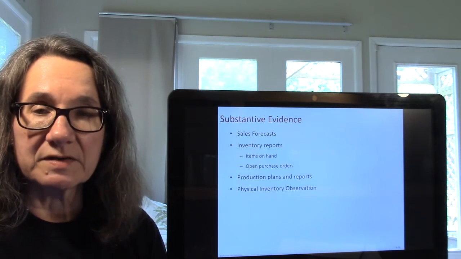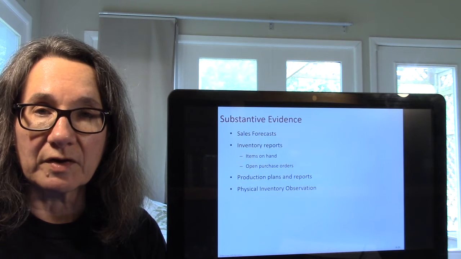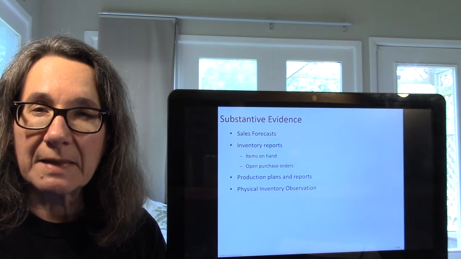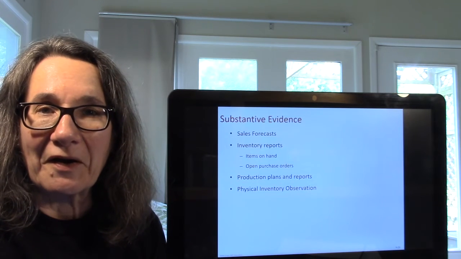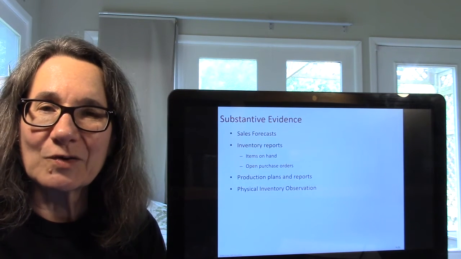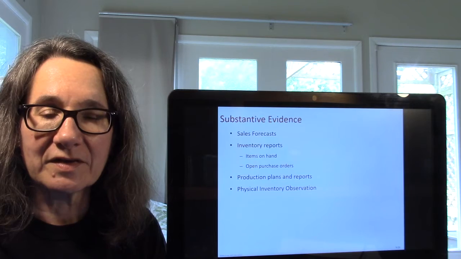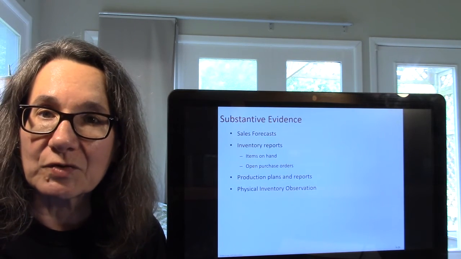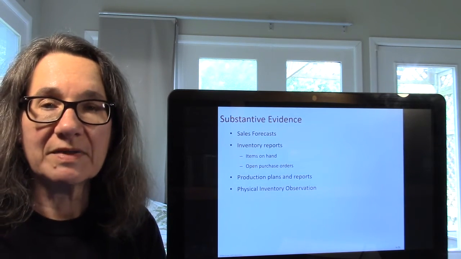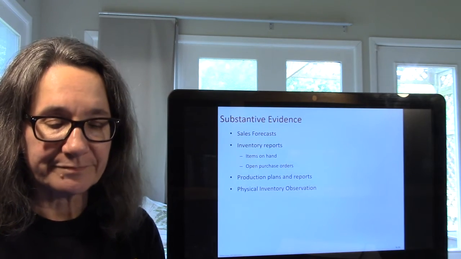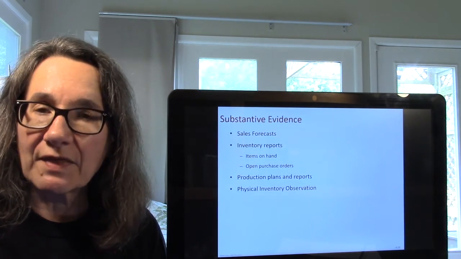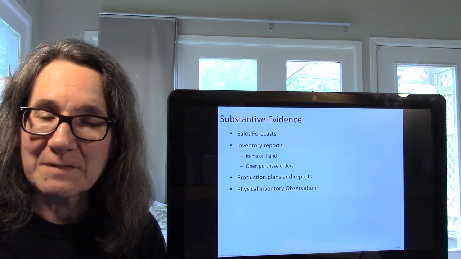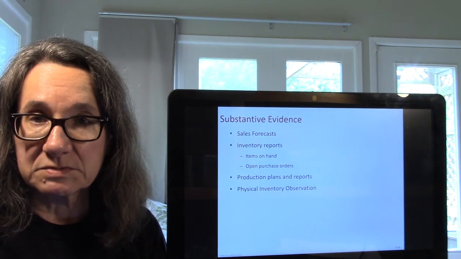That's why we're going to spend time in our next video talking about it, because that's the main substantive test for inventory. Is it really there? Right? And you don't personally count it. I mean, you certainly as an auditor can't count all the inventory at Walmart, but they do hire people to do that. They do take inventory, and you can observe how that's done, right? All right, so next video talking about inventory.